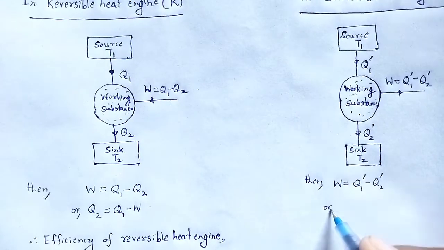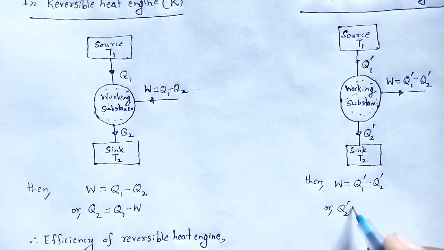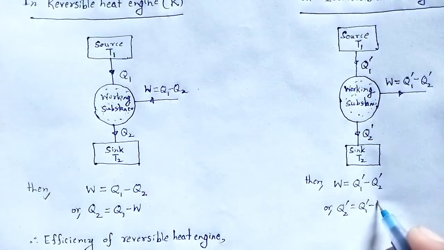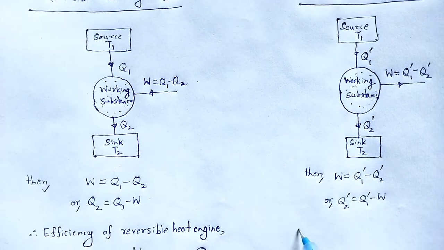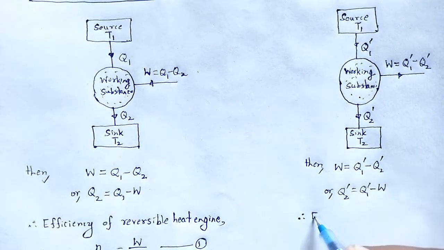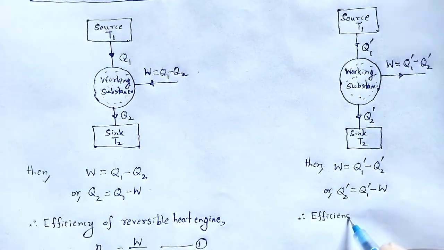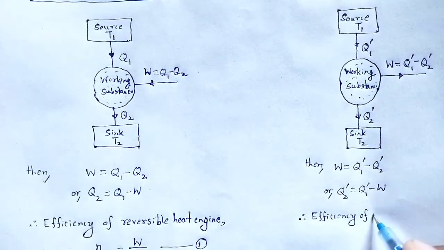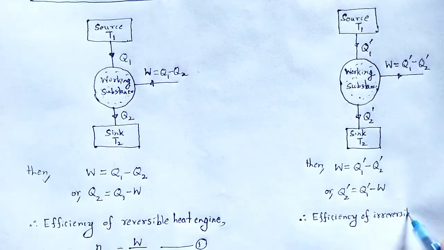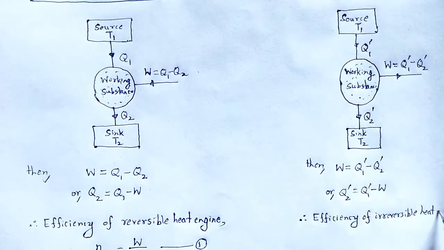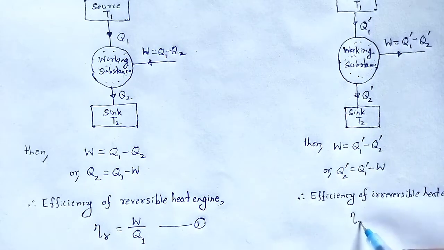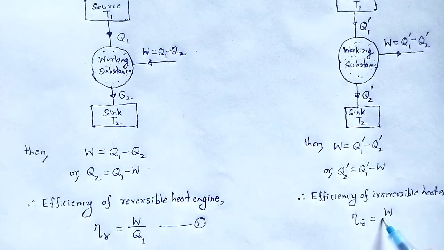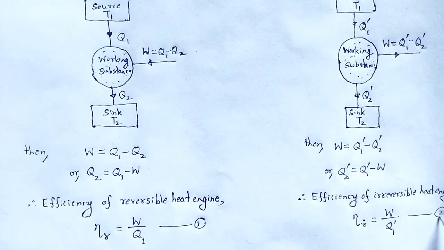Therefore, Q2 dash is equal to Q1 dash minus W. So, the efficiency of the irreversible heat engine, eta I, is equal to W divided by Q1 dash, that is equation number 2.